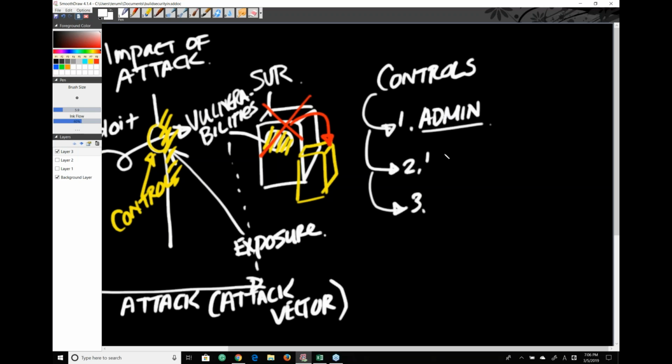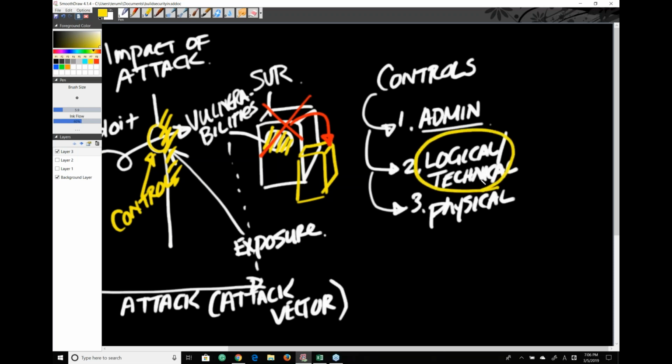The second one is a logical control, sometimes called technical control. And the third one is the physical control. I would imagine the one that you'll become most familiar with is the logical technical control.